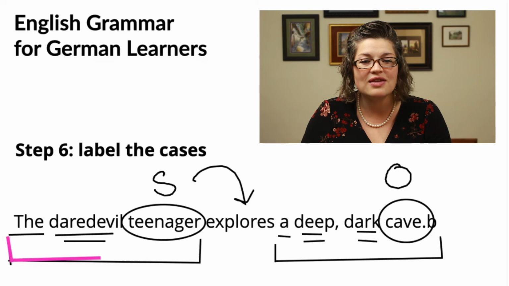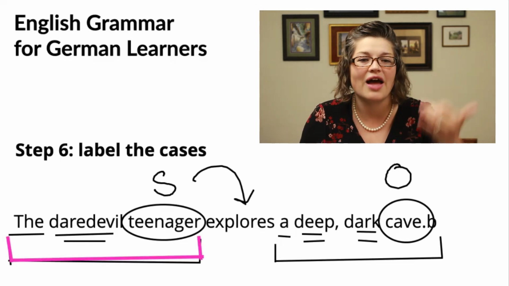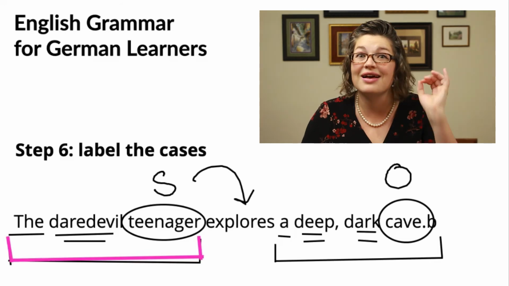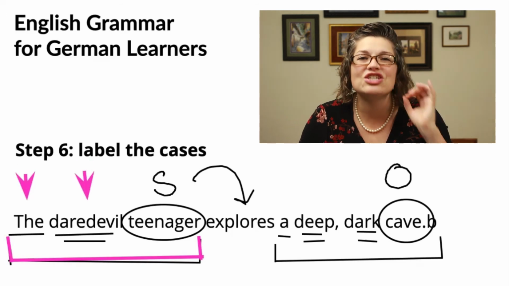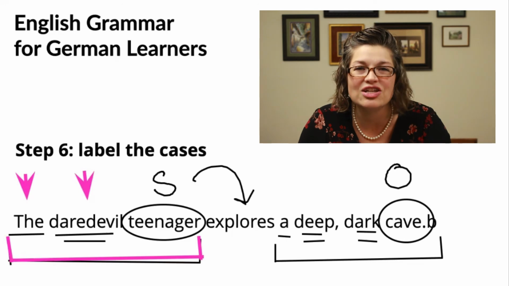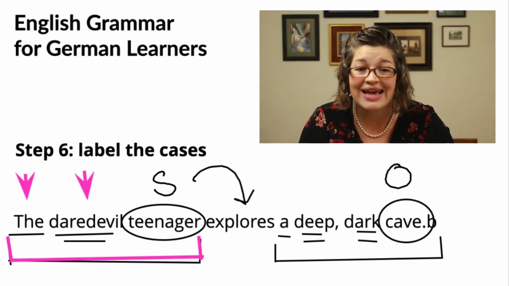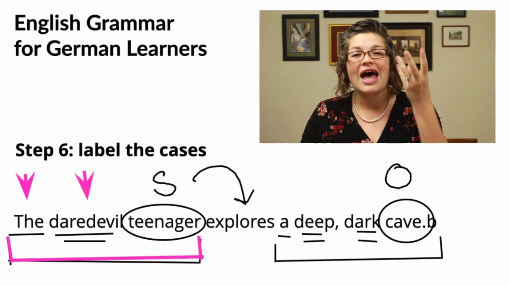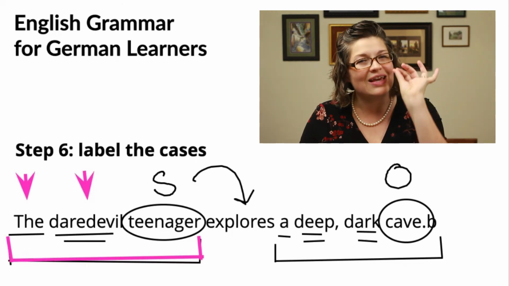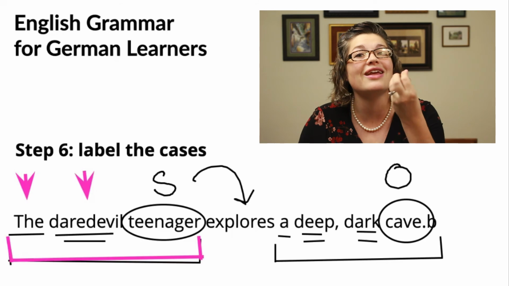It's not just the noun, it's all of the other words that go together in the slot, the and daredevil, because again, it is the and daredevil that are going to take the declensions, and those changes are going to be impacted by which case the noun is in.